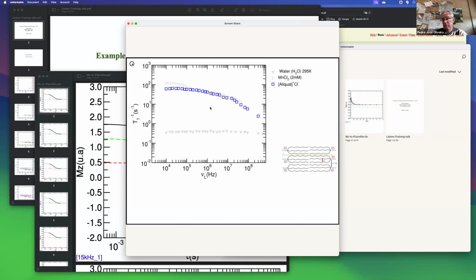Here, I left in gray the previous two cases, water and water with manganese chloride, and now I'm showing a completely different compound. It's an ammonium ionic liquid, whose common name is typically Aliquat. Here we see some representation of the molecules packing.